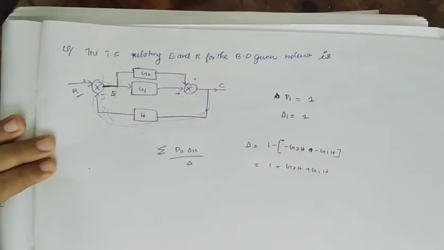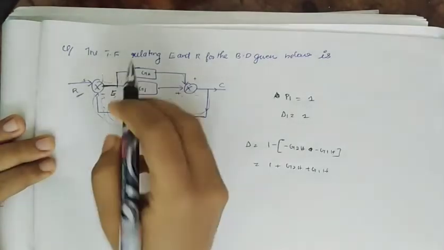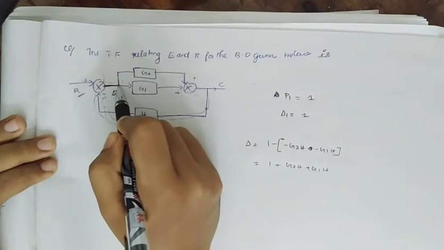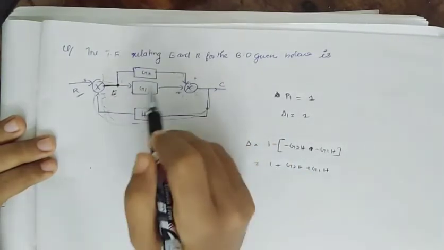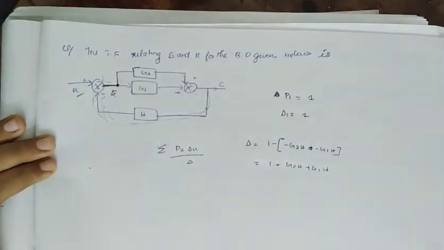So every time please check whether the loops are non-touching or not. That means they shouldn't have a common node. As you can see, these two are starting from the same node, so we can't say that these loops are non-touching. If they don't have a common node, then they are non-touching loops.